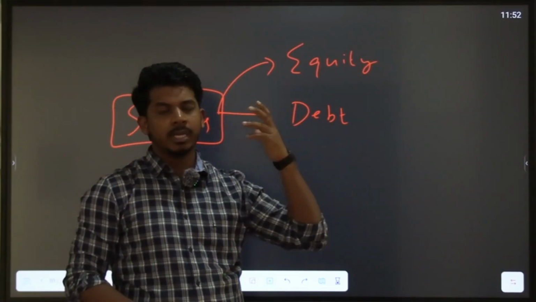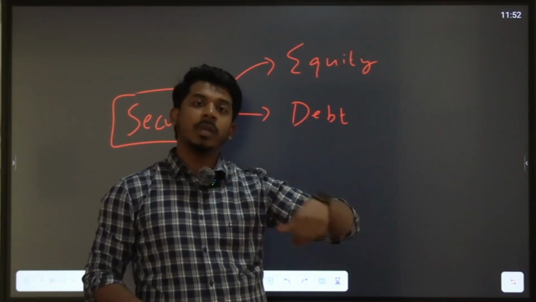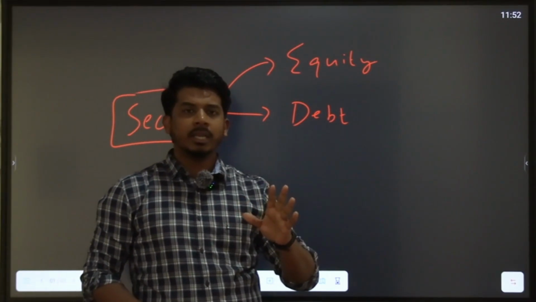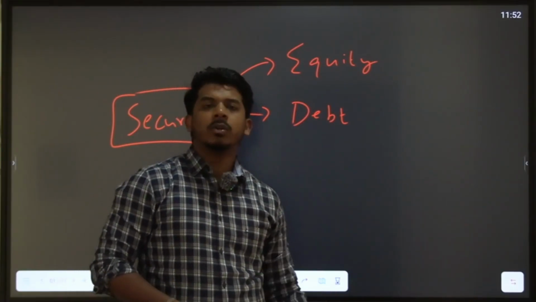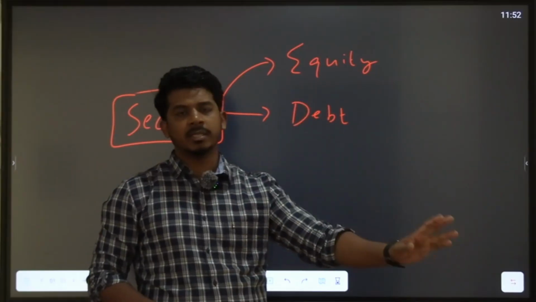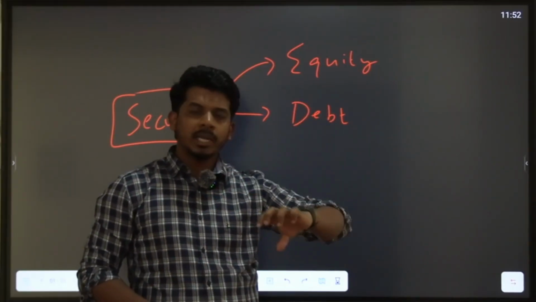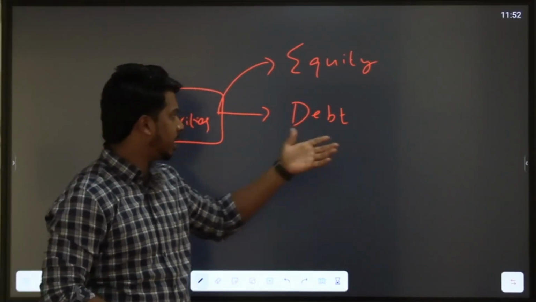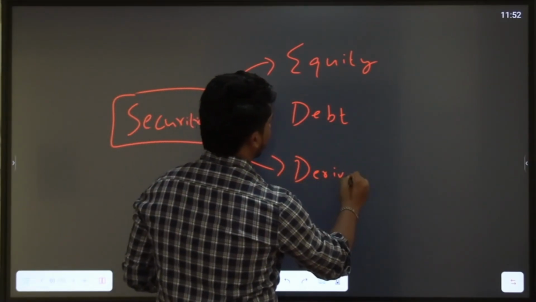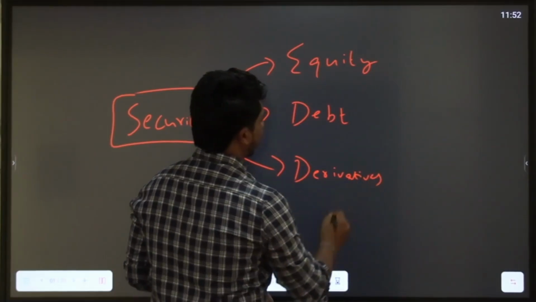You will share profits. If the company gets losses, you will also bear losses. But if you give a loan to someone else, you are not linked to profits or losses. If the company earns too much, you will not get anything. If the company is facing losses, you still will not be affected. You will get your money plus interest. This is debt. Then there is something called derivatives. I am not explaining static here. I am just telling whatever you require.